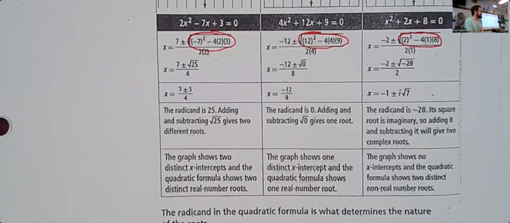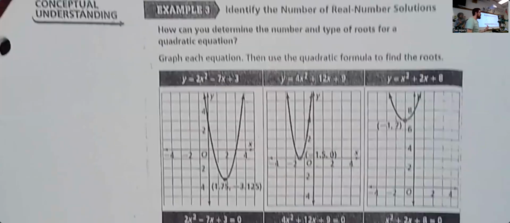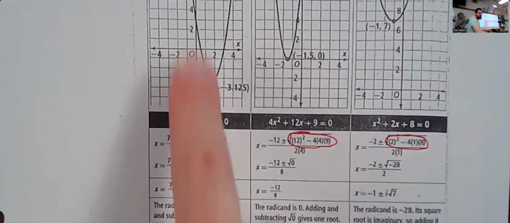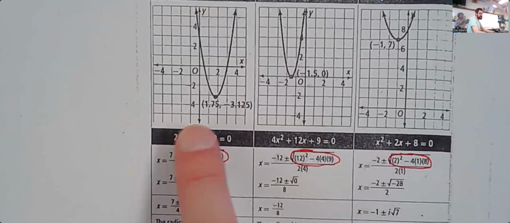And the value of what's under the square root, b squared minus 4ac, whatever that value is, determines how many solutions there are for each of those quadratics. And a solution to a quadratic just tells you where the parabola crosses the x-axis, if it crosses the x-axis. So for example, this first one here, 2x squared minus 7x plus 3 crosses the x-axis in two places.